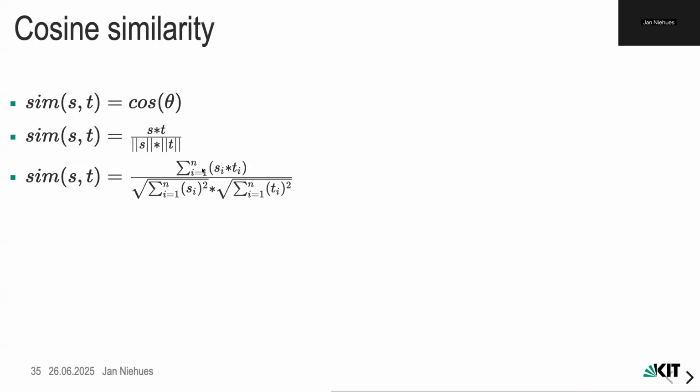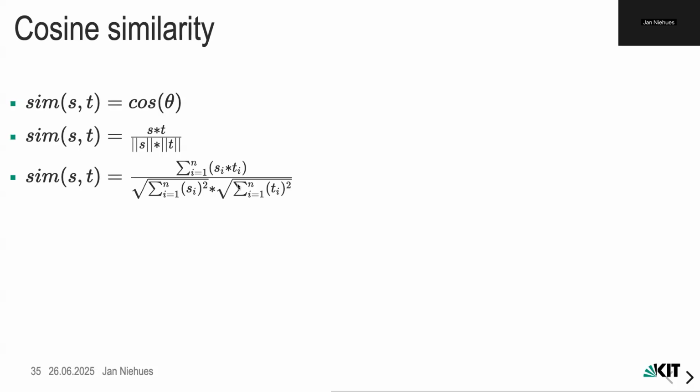The scalar product again is the sum over all the products, and then you take the length of the one and the length of the other. Both are commonly used. Depending on the use case, some of them are more useful than the others. One is more of a similarity metric, and the other is a distance metric, but you can use both of them.